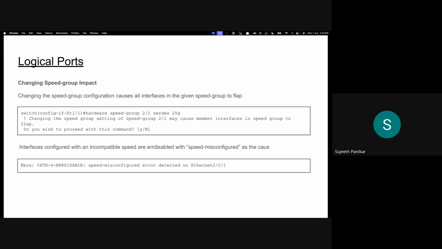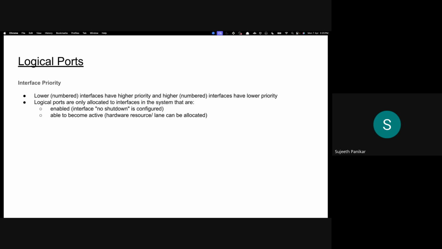Yeah, Ashwini, yeah. Again, to reiterate, the lower numbered interfaces are receiving higher priority, and higher numbered interfaces are having lower priority by default. And as Sujit explained before, no shutdown is enabled by default. So as soon as we insert the lower number line card, it's going to come up.